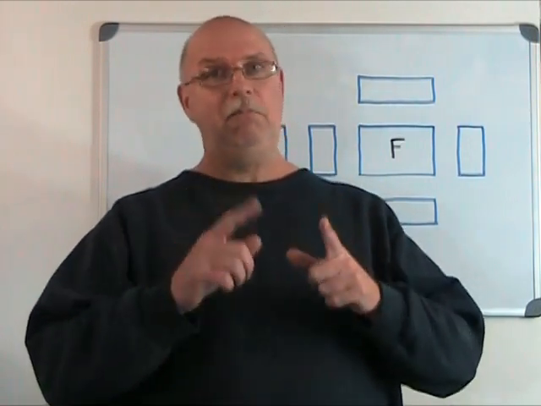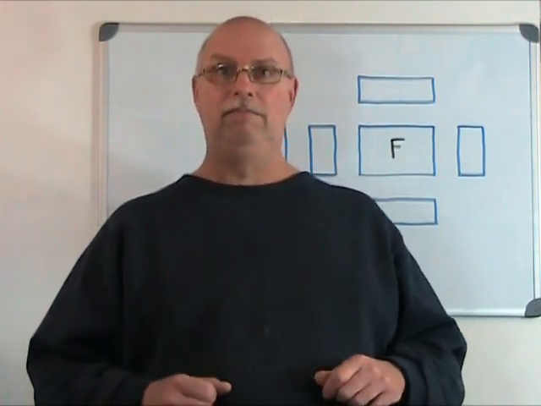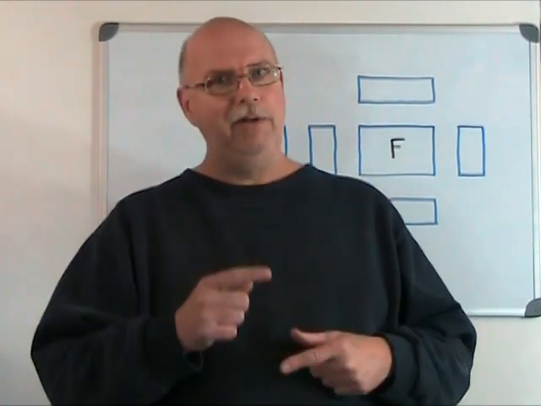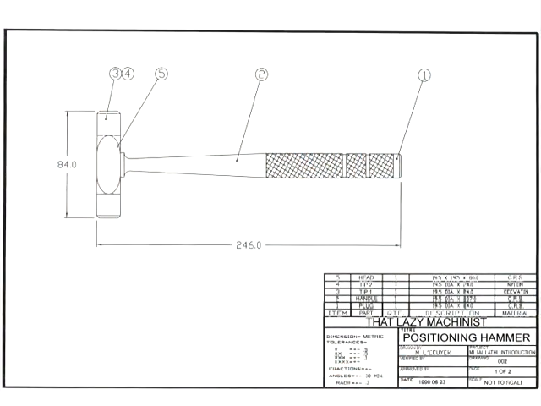We have assembly drawings, detailed drawings, and combination assembly and detail drawings. Here we have the assembly drawing for our hammer project. We need an assembly drawing in this case because there are several parts, and one of the principal roles of an assembly drawing is to show how the different parts of a project fit together.